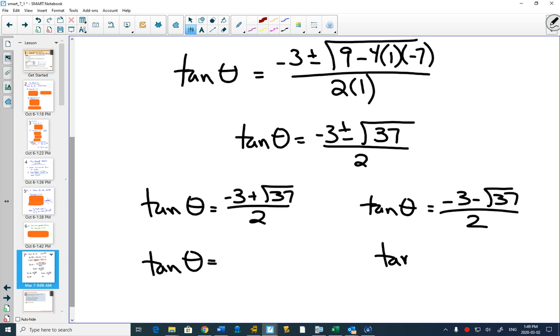Okay. Now, in order to figure out what quadrant these things are, because it's not necessarily obvious that the first one is positive and the second one is negative, you have to do a little bit of mental math.